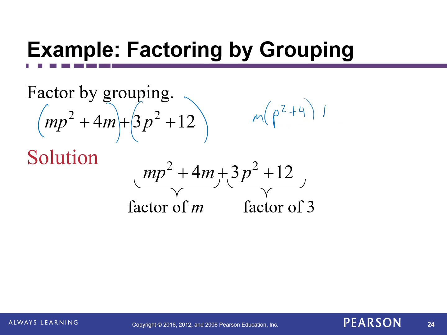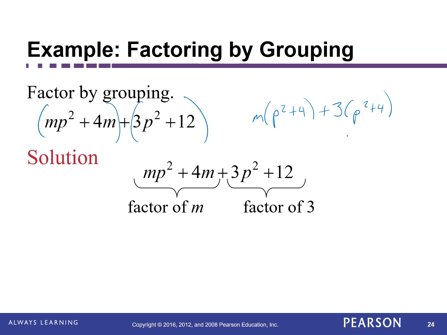Now let's look at the second group. Here I have 3p squared plus 12. Well, I don't have any variables in common, but 3 and 12 have a factor of 3 in common, so I can pull it out. And that's going to leave me with p squared plus 4.